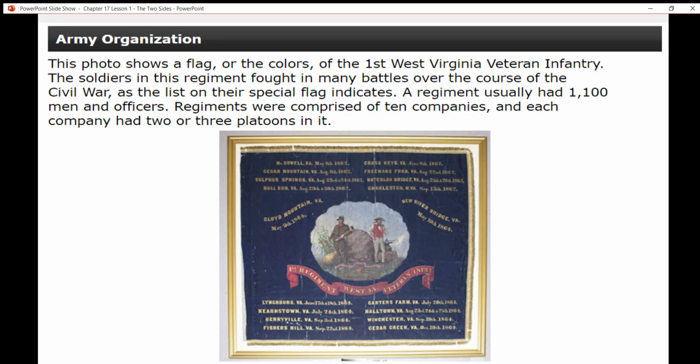This photo shows the flag, or the colors, of the 1st West Virginia Veteran Infantry. The soldiers in this regiment fought in many battles over the course of the Civil War, as the list on their special flag indicates. A regiment usually had 1,100 men and officers. Regiments were comprised of 10 companies, and each company had 2 or 3 platoons in it.